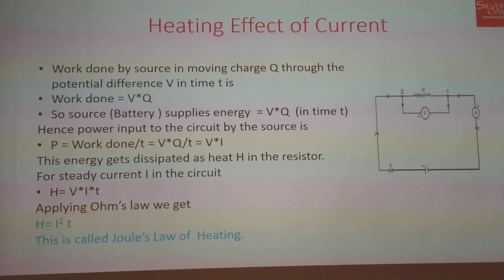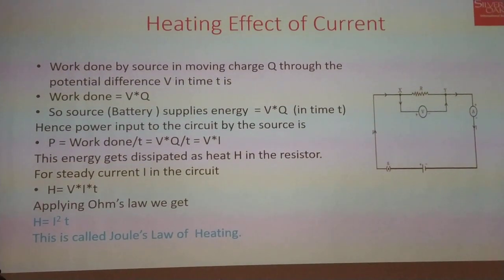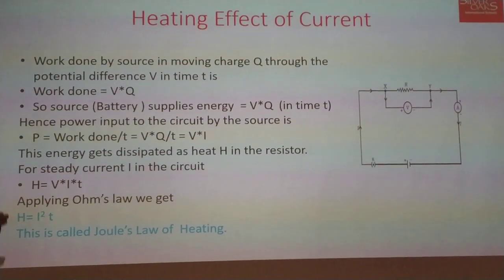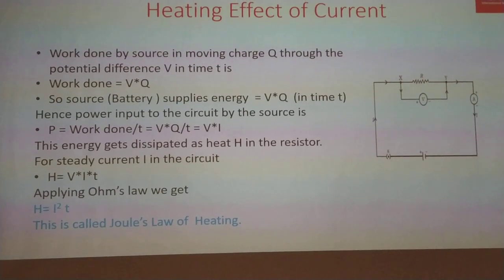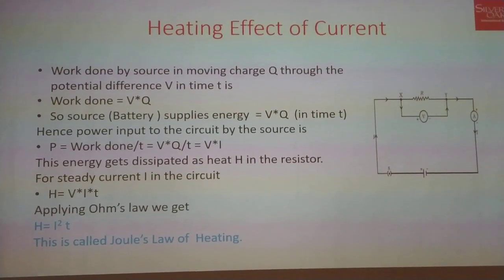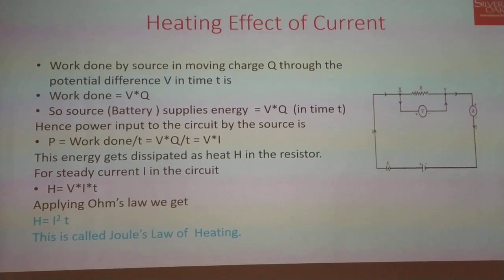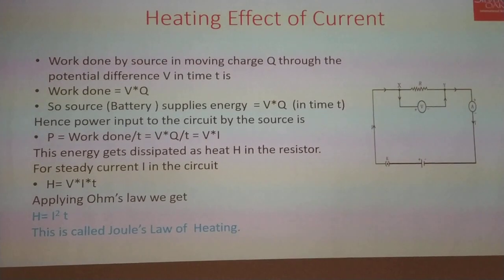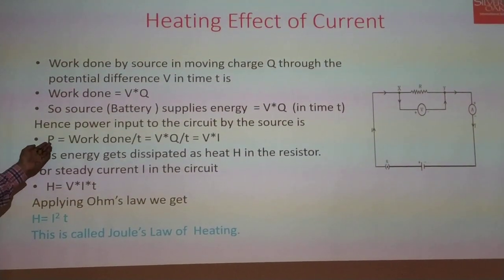That means the energy the battery is supplying is equal to V into Q in time t. Suppose the circuit is on for t seconds. So the energy supplied by the battery is V, the potential difference, times the charge Q flowing through the circuit. So we can say that the power input to the circuit is work done.